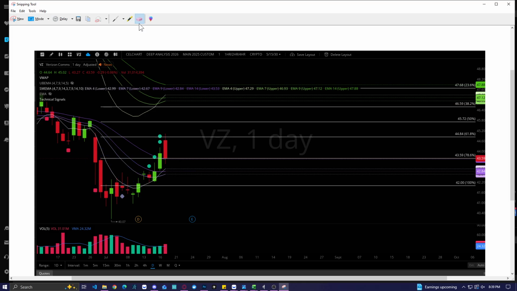Usually how it needs to go is Verizon has to come, touch the 4 EMA, find support here, move higher, touch the 7, find support here, move higher, touch the 14, find support here, and then move higher. What happened here instead is that it found support at the 7 and the 9, but it ran into the 14 and just kept running up higher.